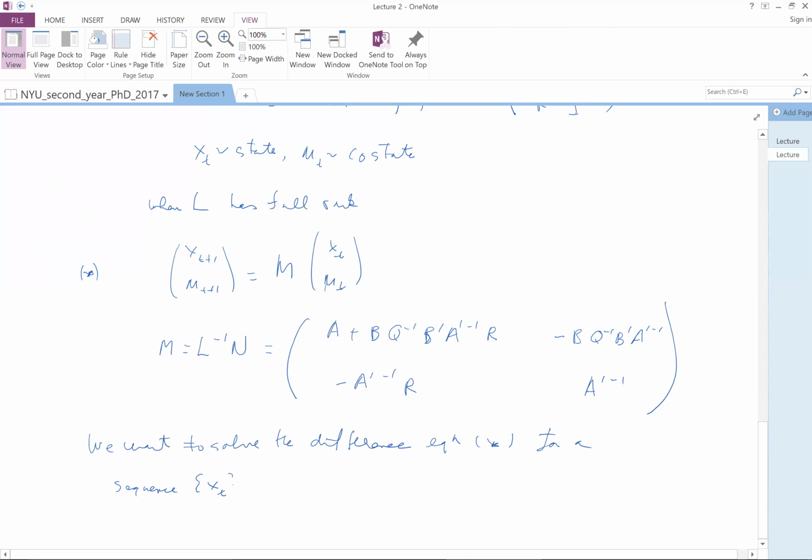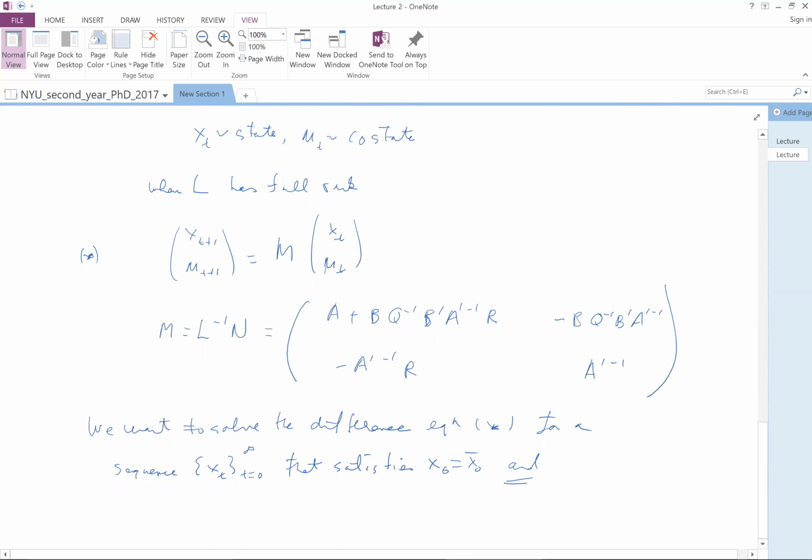That's actually what we're after. I'm going to start from 0 that satisfies our initial condition, whatever is given. And, okay, now remember our little lecture on stability?